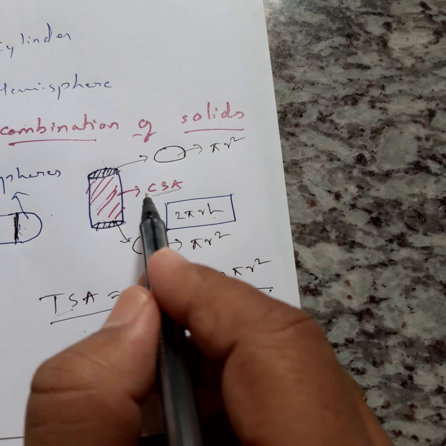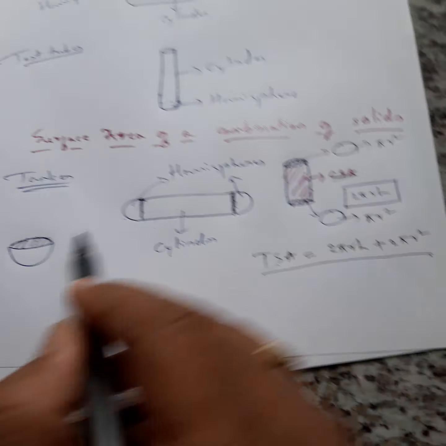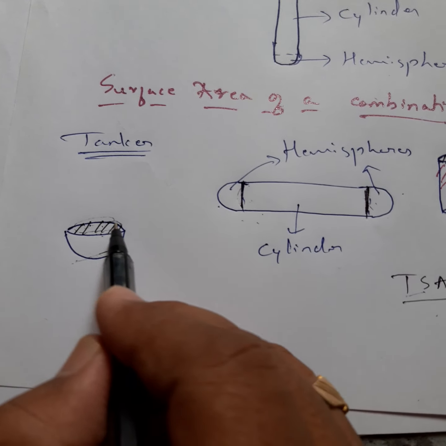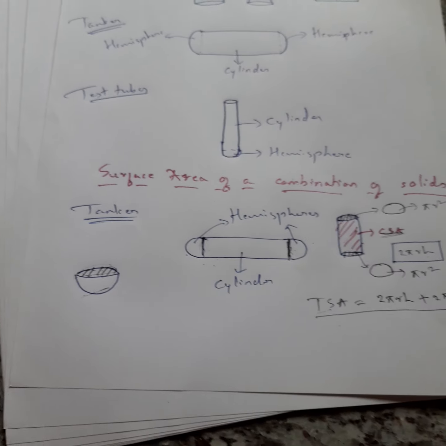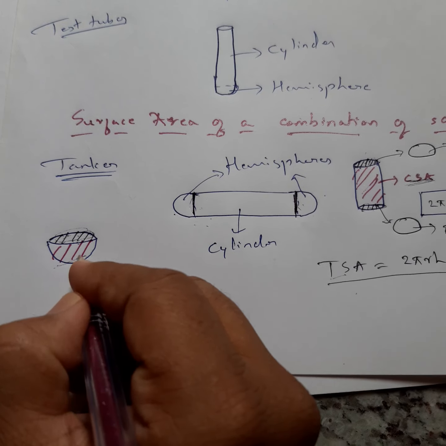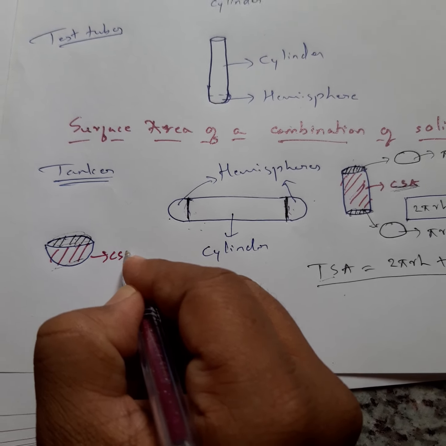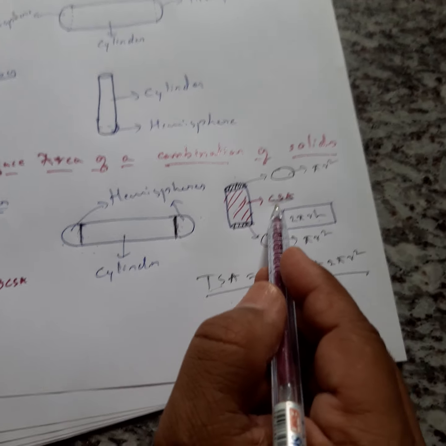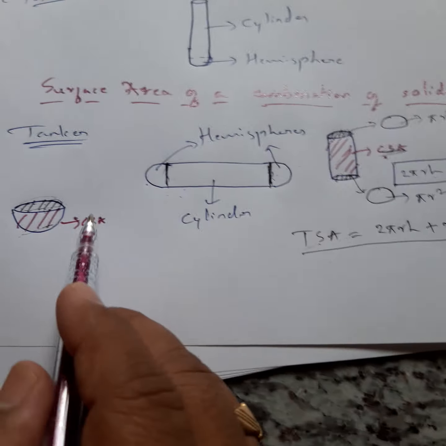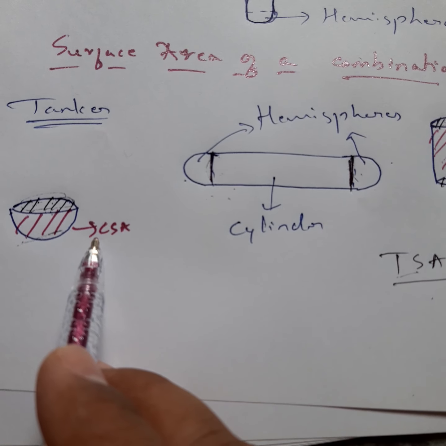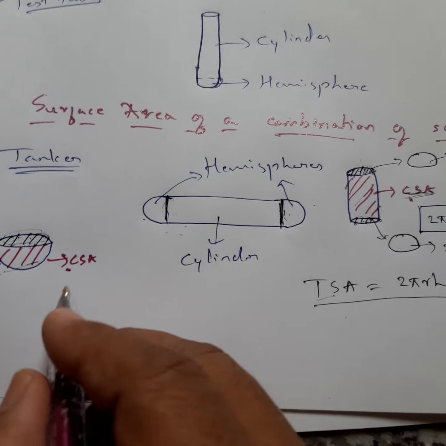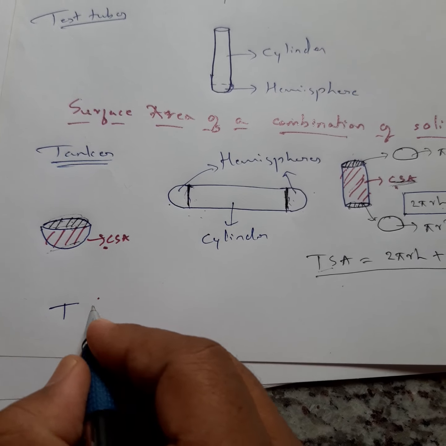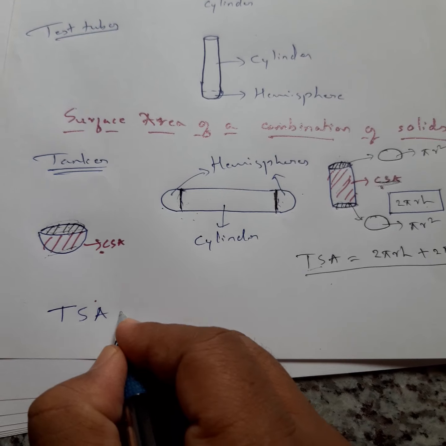So we are going to find only the curved surface area of the cylinder, and the curved surface area of the hemisphere, because again this is getting combined. So this is the curved surface area of the hemisphere. We are going to find the curved surface area of the cylinder and the curved surface area of the hemisphere, and we are going to add these two to get the total surface area.